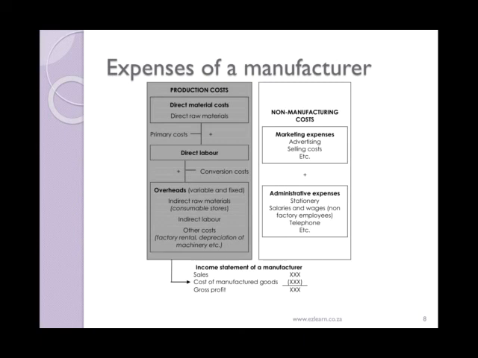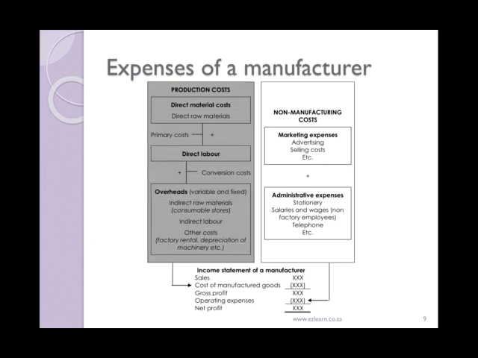They are not part of the factory costs. These will all be shown as part of operating expenses, which are subtracted from gross profit in order to calculate the net profit. Hopefully now you can clearly see the importance of tracking and calculating all your manufacturing costs, as well as how this fits into your income statement as you learned it before.